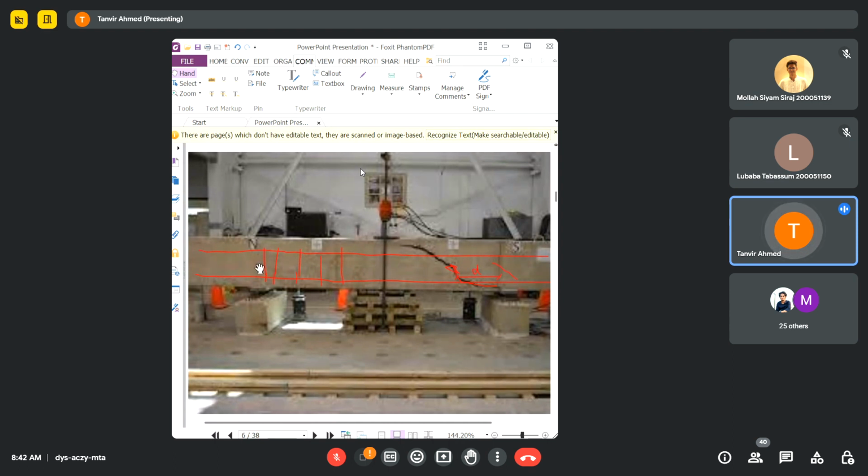But if you have the shear reinforcement, you cannot see much of these cracks, or you cannot see any large visible crack. So that's why this shear reinforcement is very pivotal for improving the shear strength of your beam.